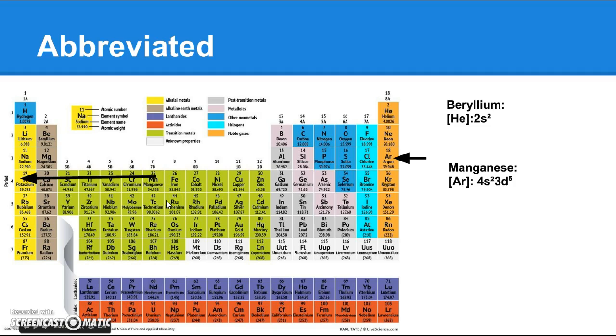Now you try it for something like phosphorus. Okay, phosphorus, you go back, it is neon, that's the noble gas that comes before it. Neon, 3s2, 3p3. 3 because third row, and it is the third in the P section.